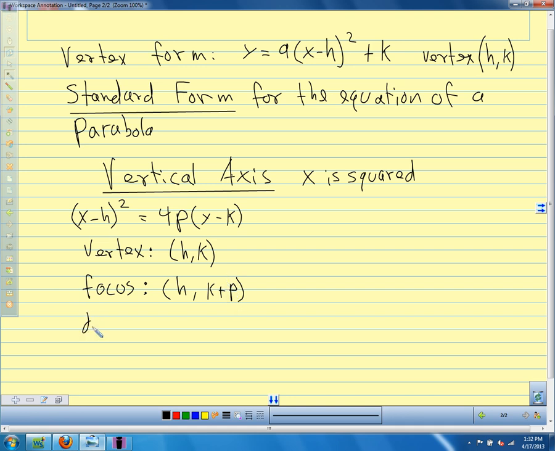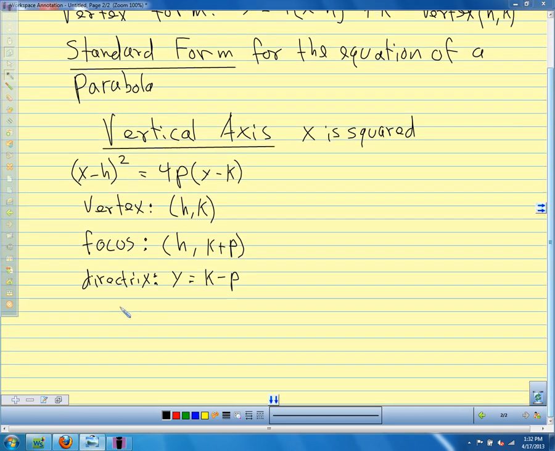Our directrix is going to be the line y equals k minus p. So p also tells us how far the directrix is from the vertex. And we'll draw a couple pictures here in just a second.